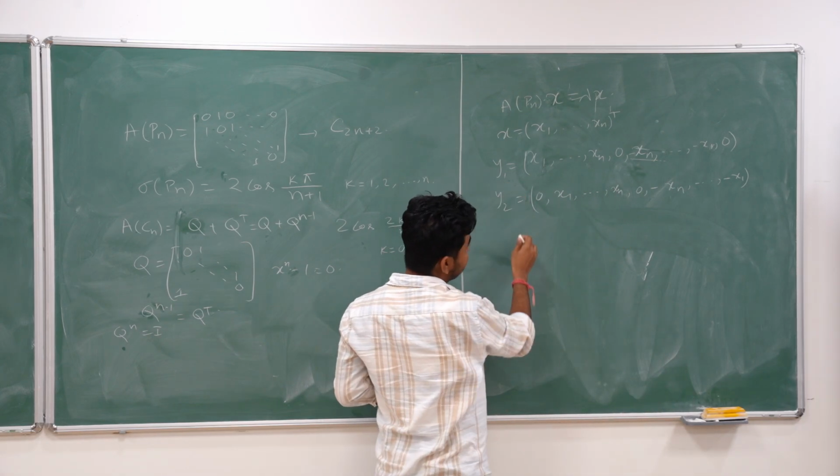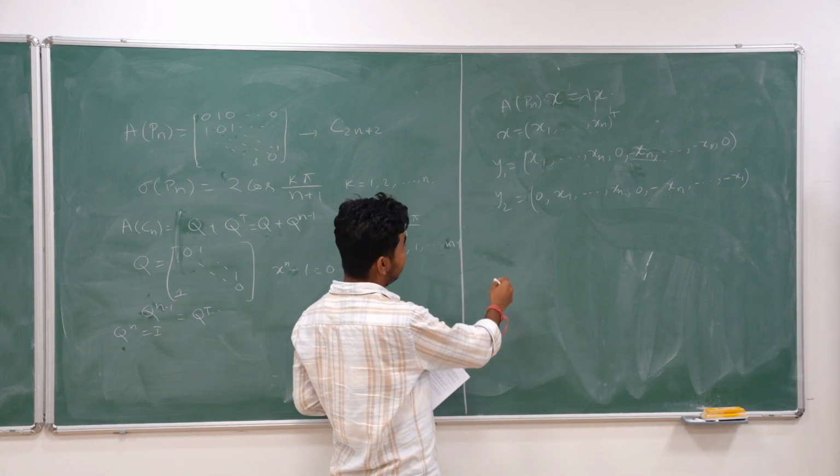Take these two eigenvectors. These will be linearly independent eigenvectors.